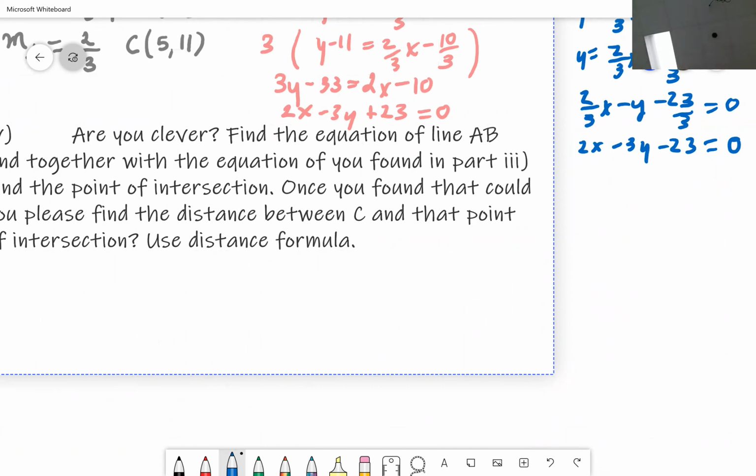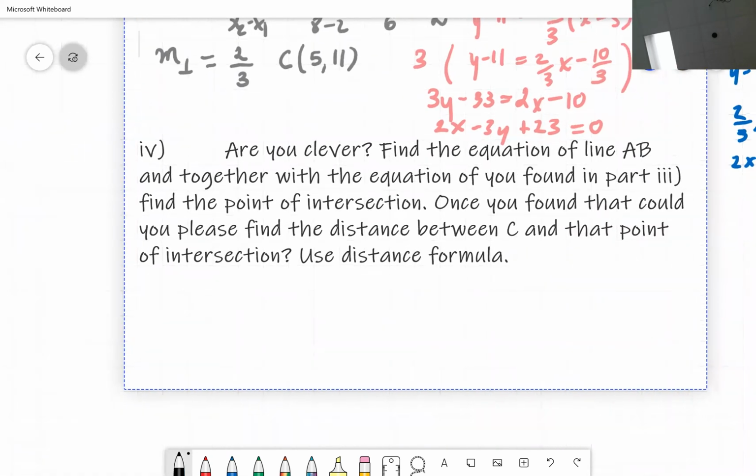All right, so I'm gonna write y equals 2/3 x minus 23/3. This is the equation of AB for sure.